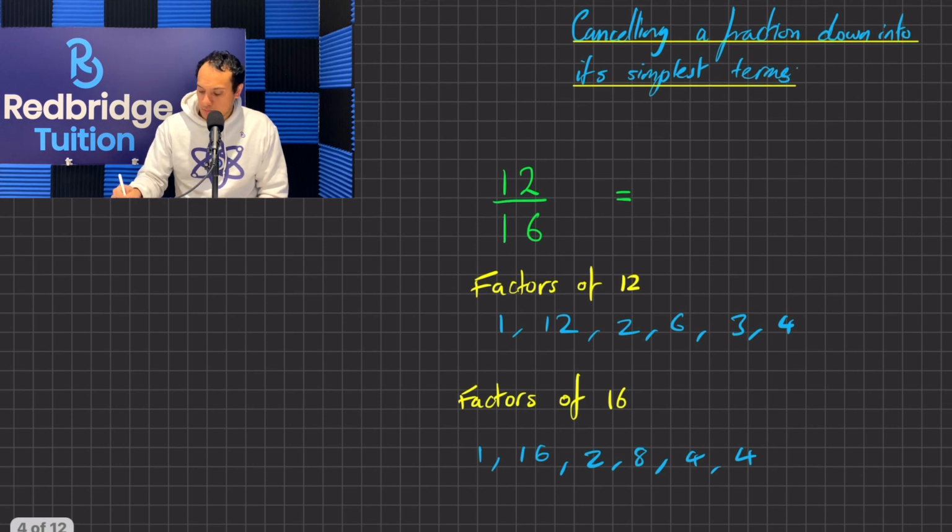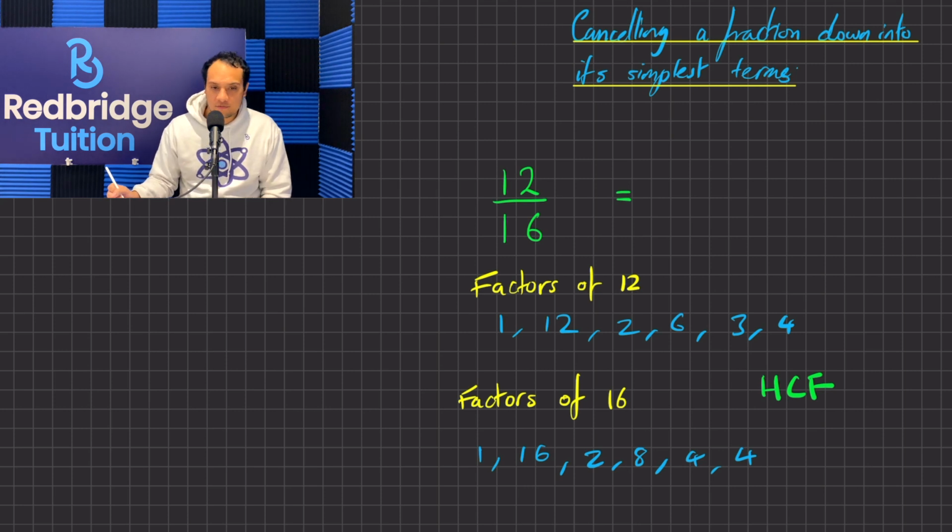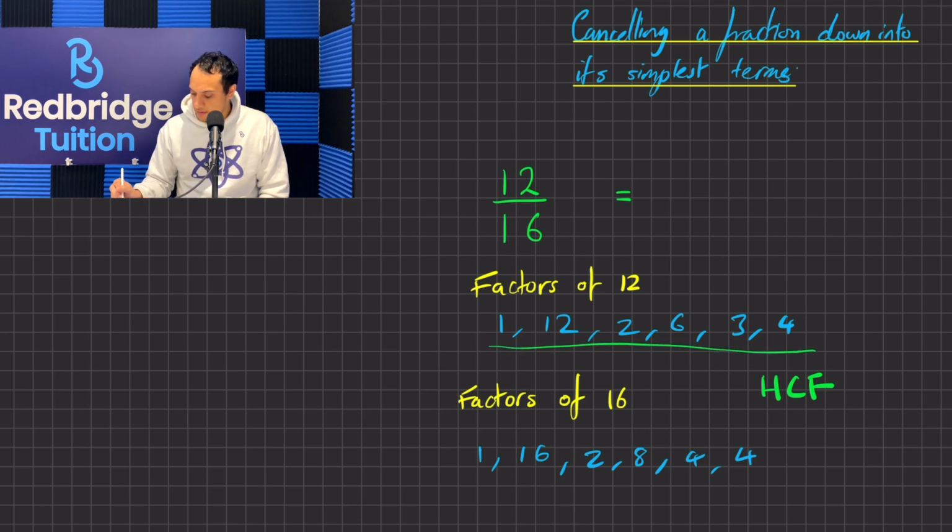Okay. So we've got our factors. Now we've got to find our highest common factor, sometimes called the HCF. If you ever see HCF, that's what it means, highest common factor. We look at both of our groups of factors, and then we need to find the highest number that is a factor of both numbers.